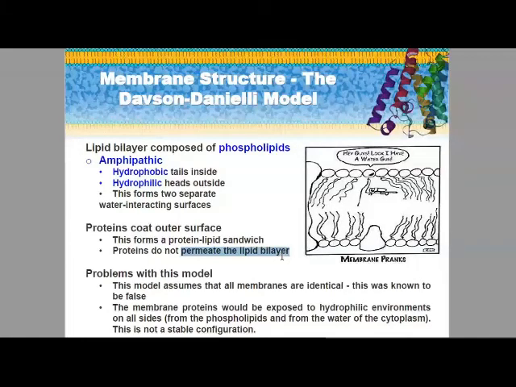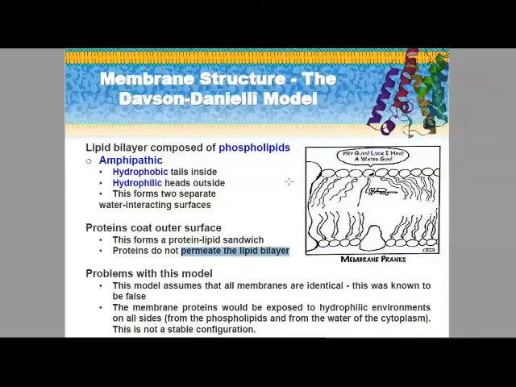The structure of the plasma membrane must allow some other molecules to move across. And based on this structure and configuration of the protein coat on both sides of the phospholipid bilayer, it wouldn't be as stable as the model that is currently accepted.